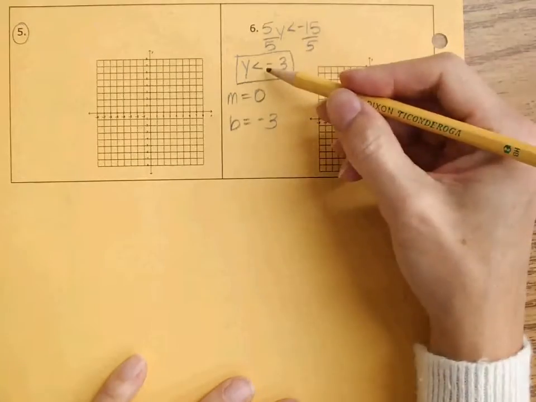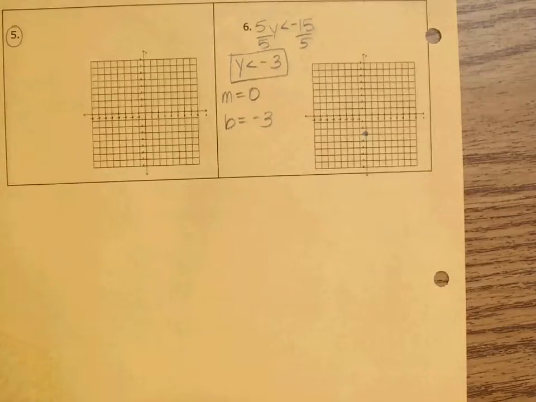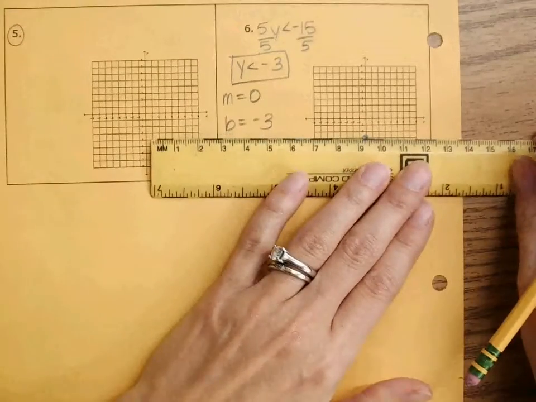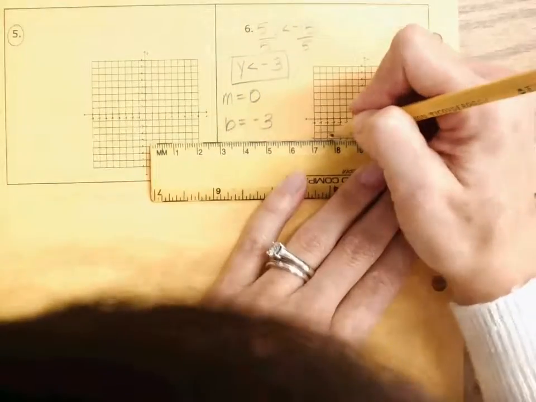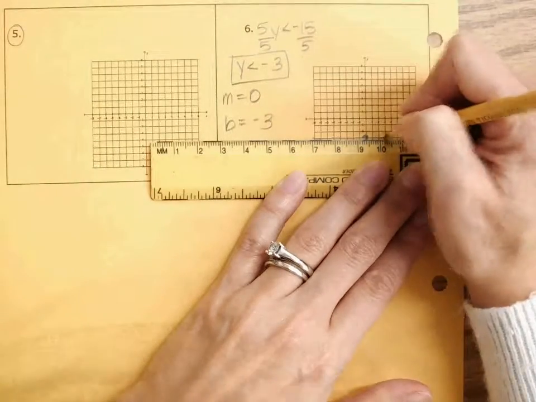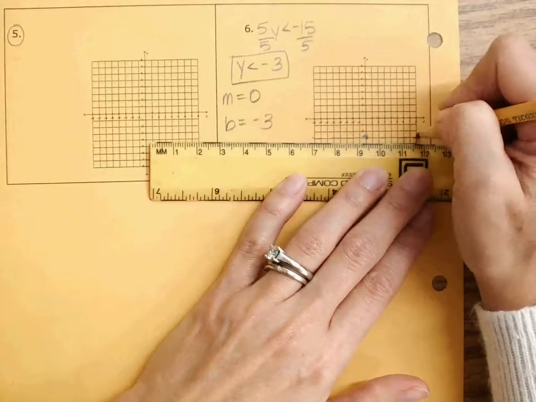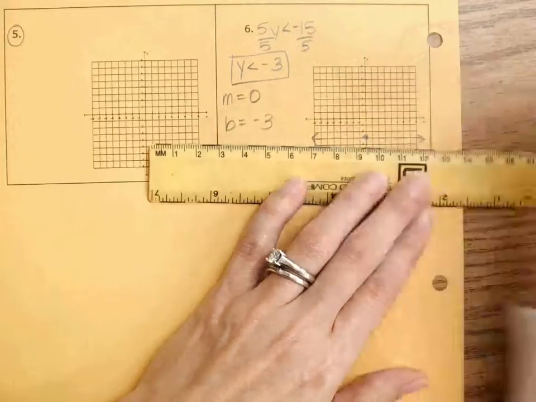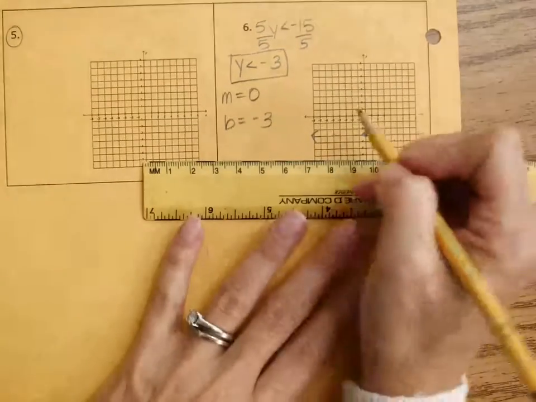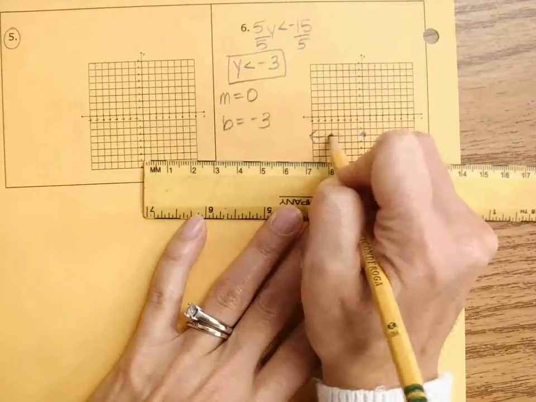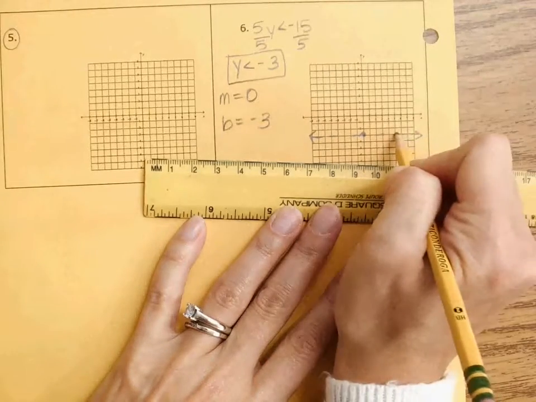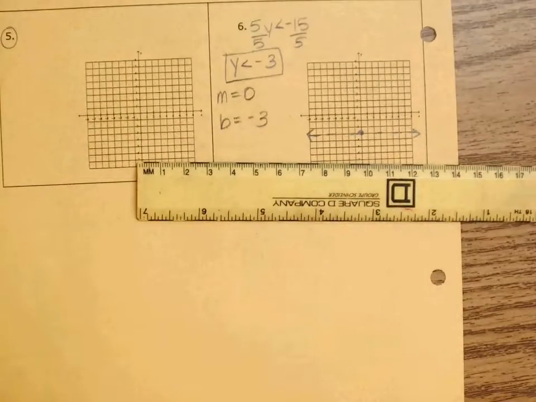And I notice that it's a dotted line, so I'm going to have it go across through that y-axis. Can you guys see that that's a dotted line right there? Hopefully you can. Didn't come out too dark. Maybe that's a little bit better.